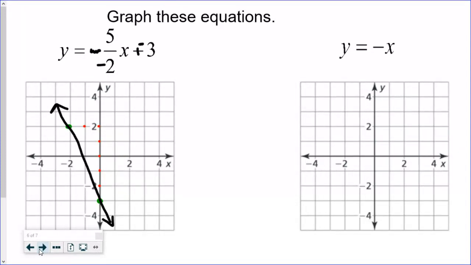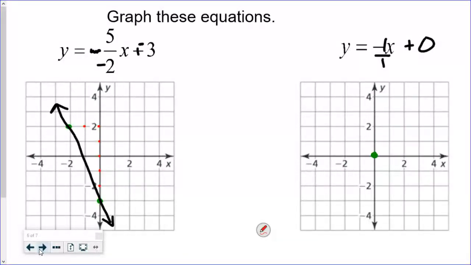Okay, the last one is a little tricky. You might go, well, there is no y-intercept. Well, if there's no y-intercept, that's really the number 0. So I would start at 0 here. And my slope is just a -1, but that needs to be a fraction, -1 over 1.